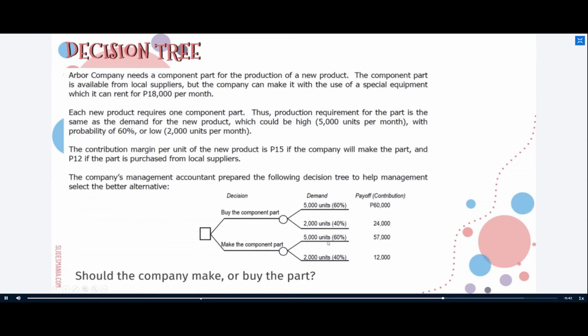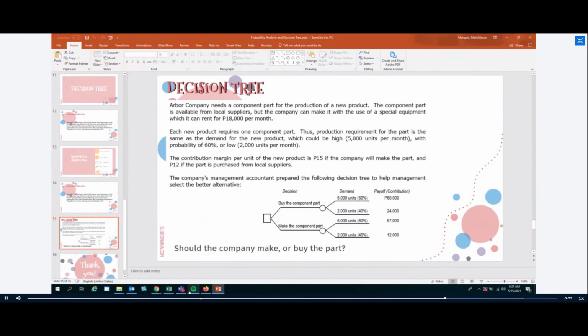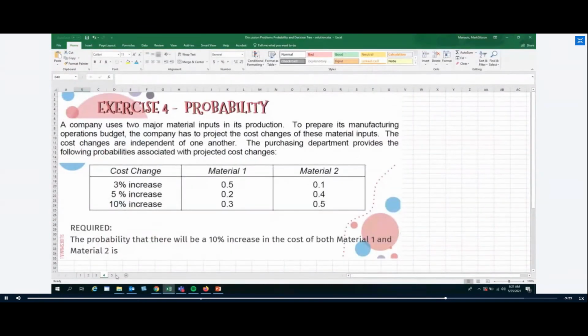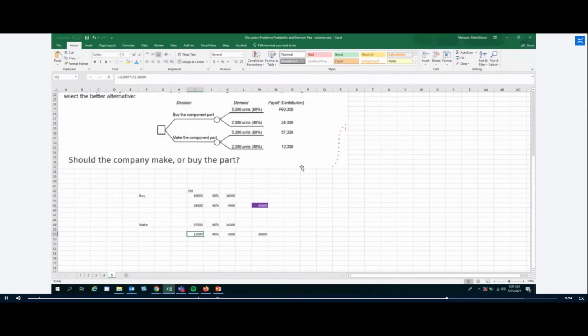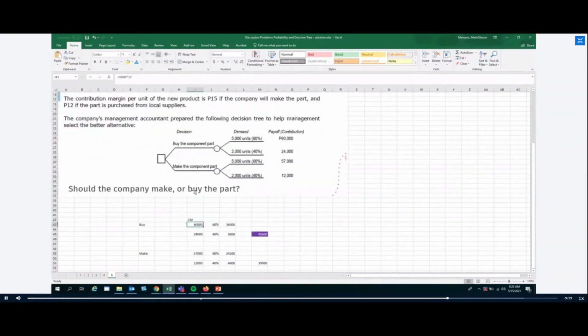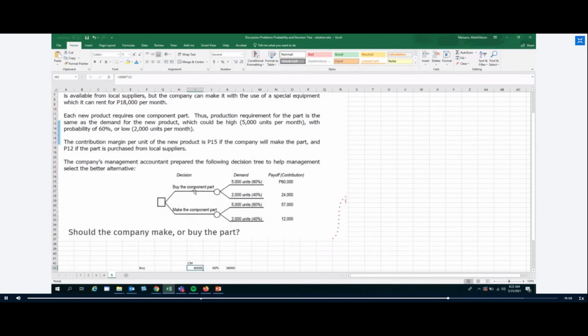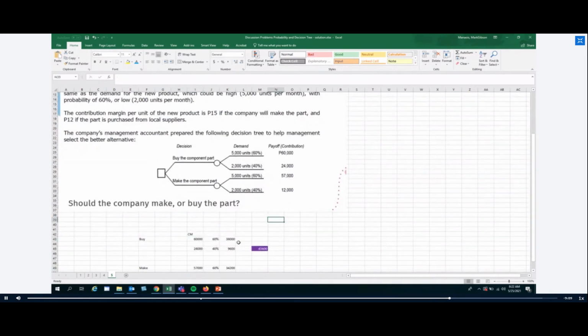Now, we are given here the payoff or contribution. Pero paano ba na-compute? Sige, pag-usapan natin yan. Okay? So, paano na-compute tong 60,000, 24,000? Okay. So, 5,000 multiplied by 12. Kasi di ba buy? So, purchase, so that's 12. And then 2,000 units multiplied by 12.